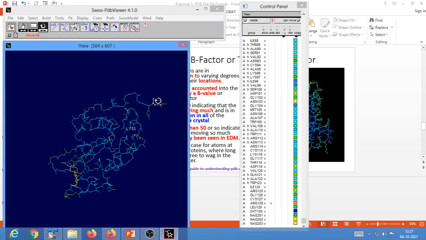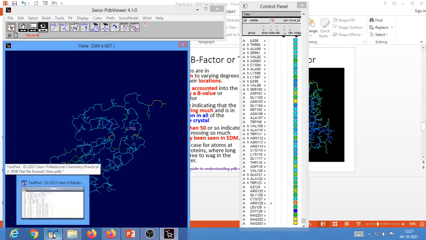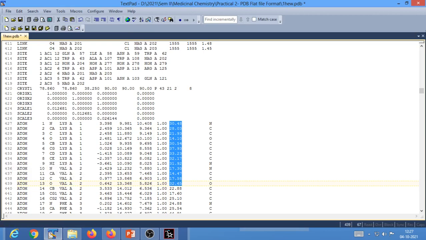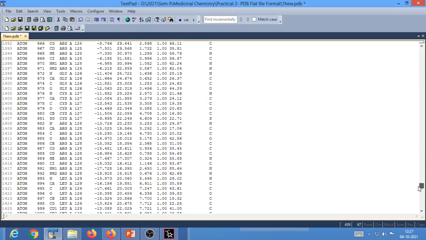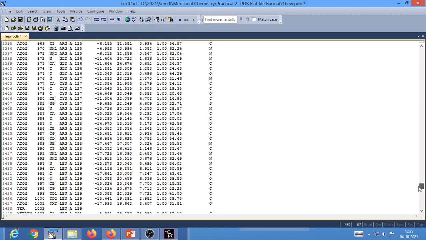Okay, well, now let us try to locate where exactly this Arginine 128 is located in your PDB file. Okay, it is one of the last amino acid residues, 128, and you can see the data for Arginine 128. The backbone atoms have a high B factor value, 85 and 85, right?